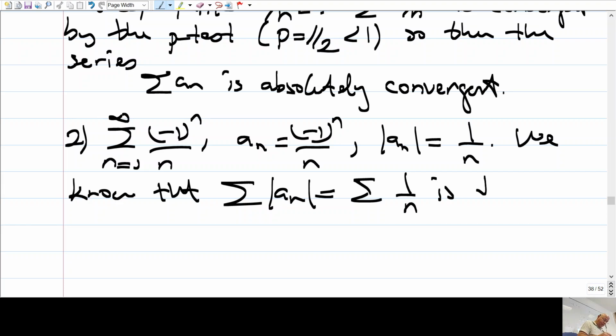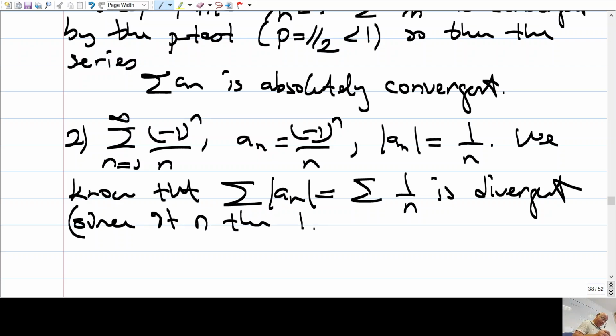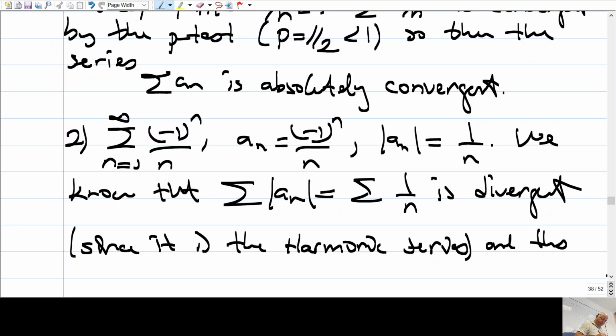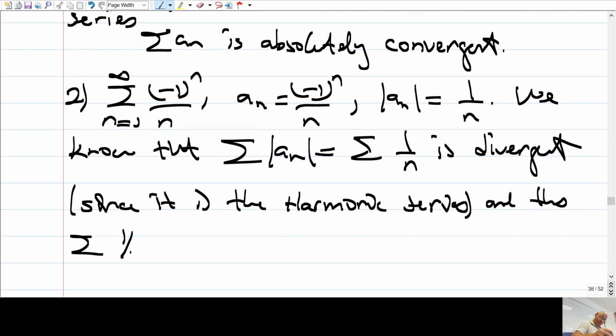It is divergent, since it is the harmonic series, and thus this series is not absolutely convergent.